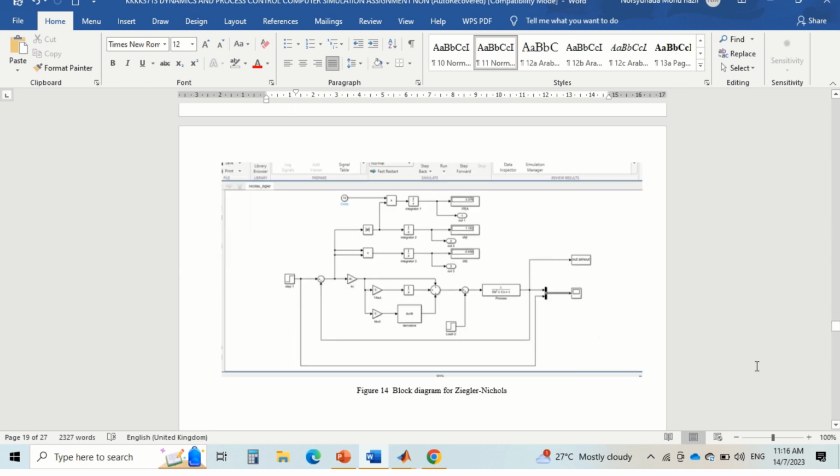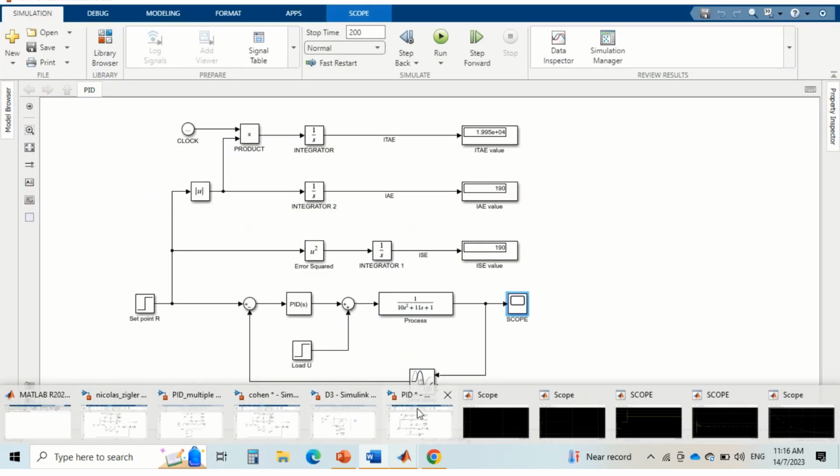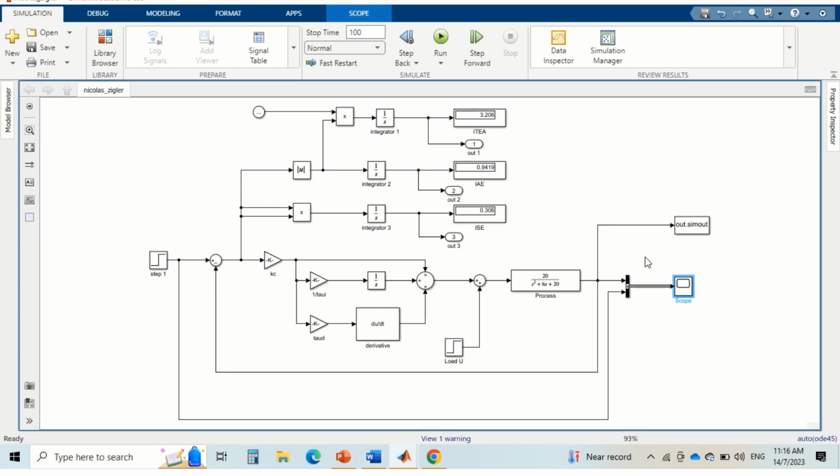This is the block diagram for Ziegler-Nichols, from the Simulink. This is the Nichols diagram.